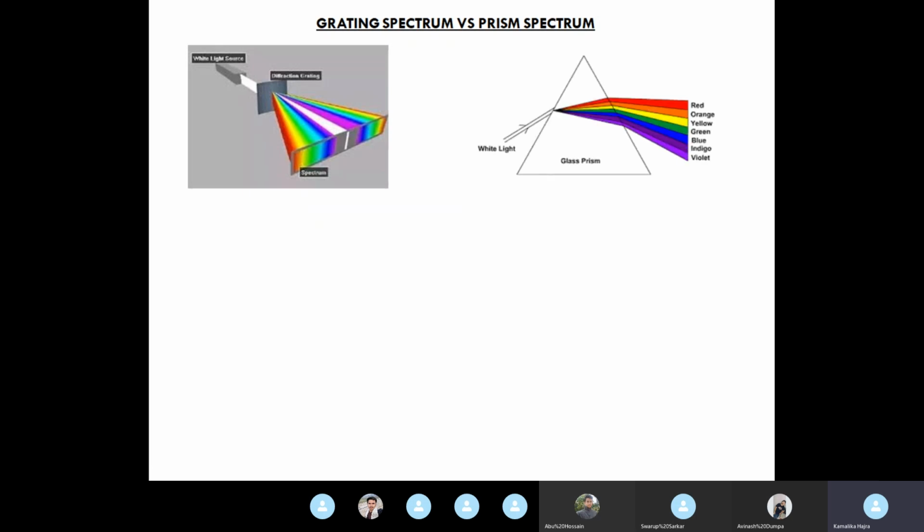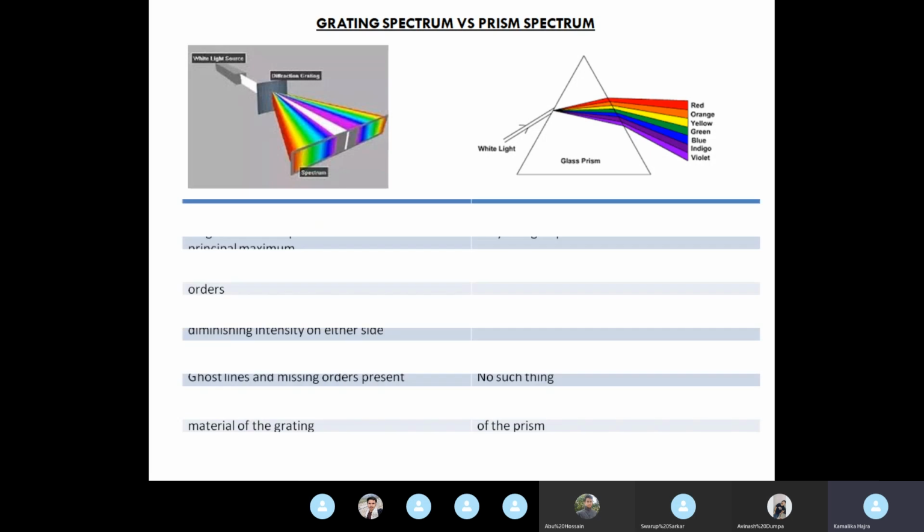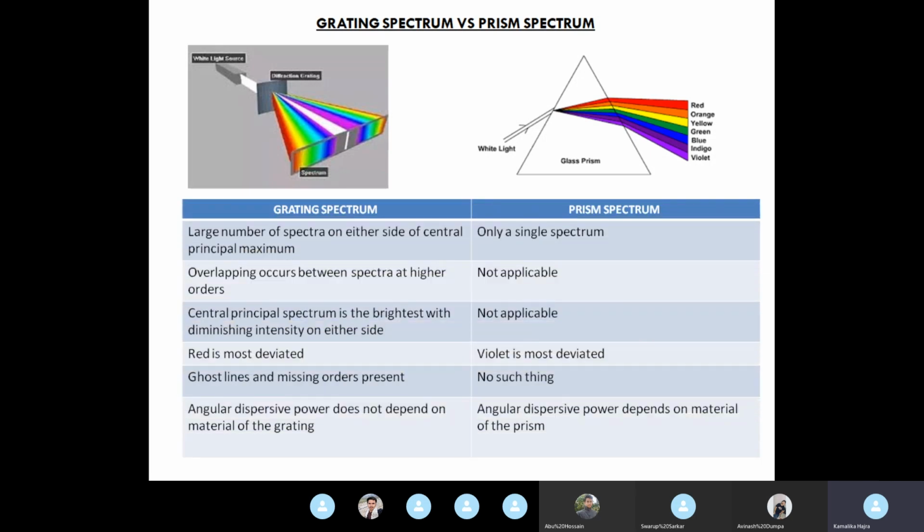On the other hand, you know the method of spectrum production in a prism. So these are the typical points of difference. In grating, you get not one but several spectra on either side of the principal maxima. So you call them the first order spectrum, the second order spectrum, and so on.